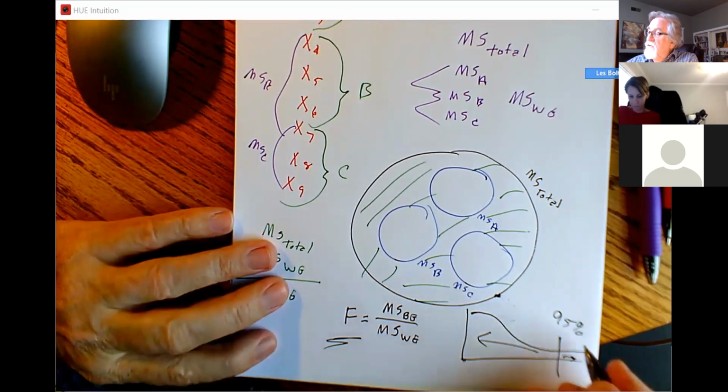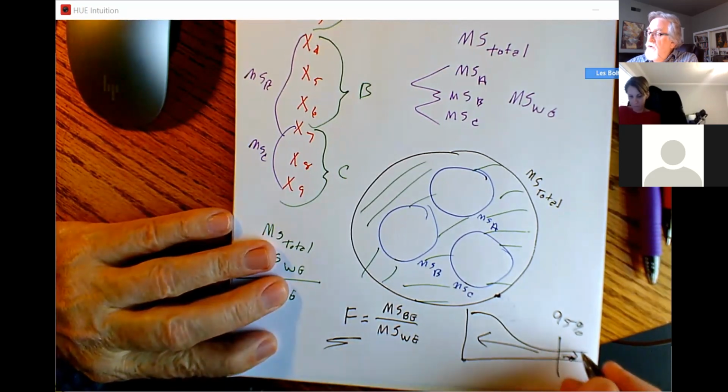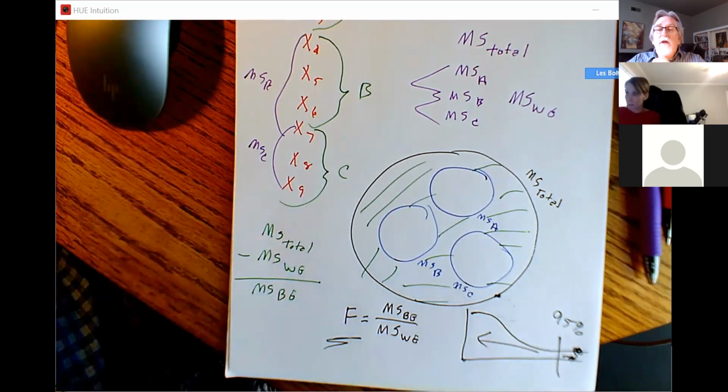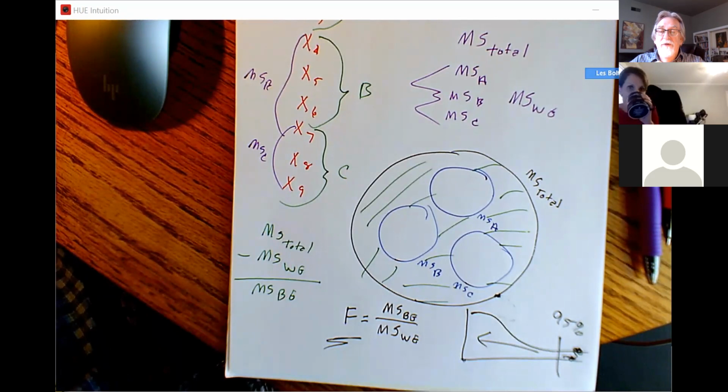And if our F is out here someplace, then we say there is a significant difference somewhere between these groups. The catch is we don't know between which groups.